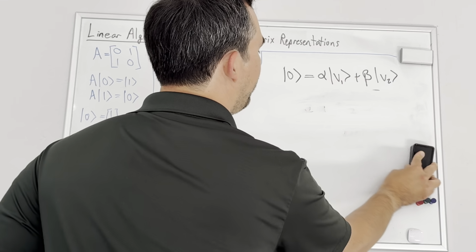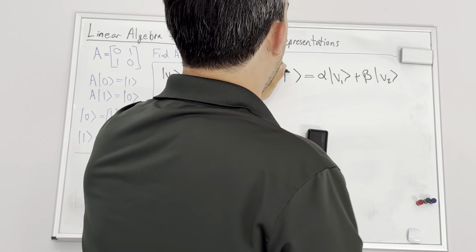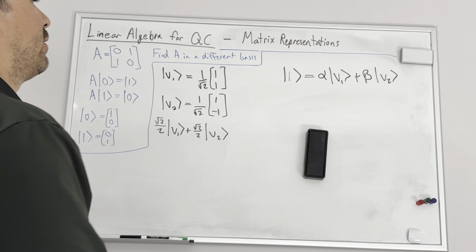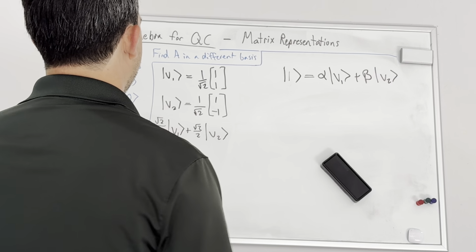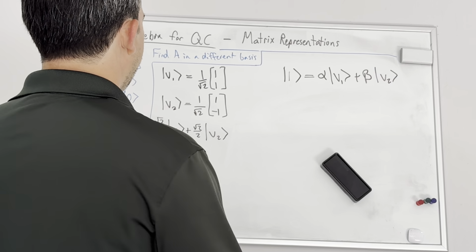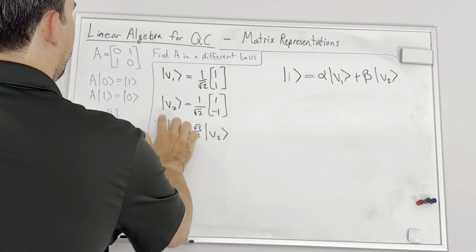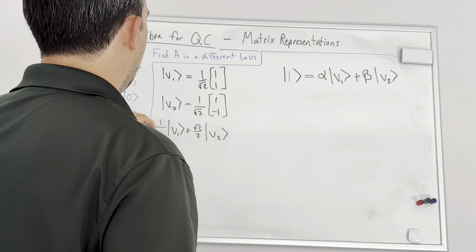Now I can carry through the exact same exercise using the number 1 instead of 0, and it's going to be the same analysis. The only difference here is, in fact, let me write this as, instead of root 2 over 2, I'll write this as 1 over root 2. It's mathematically exactly the same.